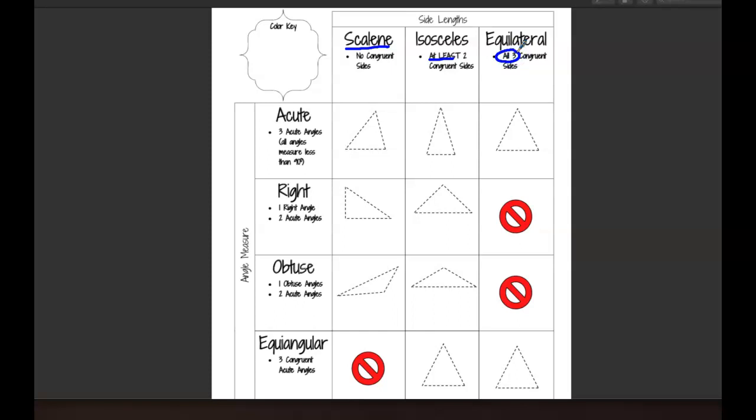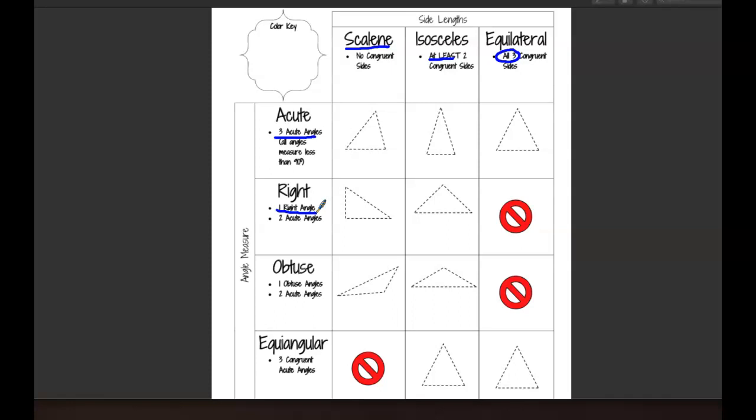Okay? When we talk about acute, in order for a triangle to be classified as acute, all three angles have to be acute, or a measure less than 90 degrees. In order for a triangle to be considered a right triangle, only one of the angles measures 90 degrees. The other two are acute.